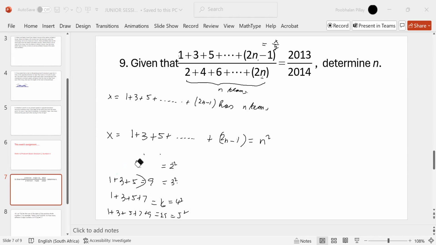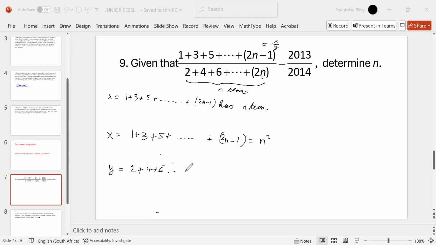Now, like that, you can try to work out y. Y is the denominator. It's 2 plus 4 plus 6 all the way up to 2n. Write it backwards. You get the same sum whether you write it forwards or backwards.